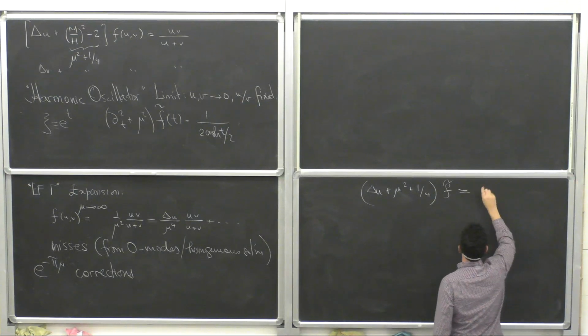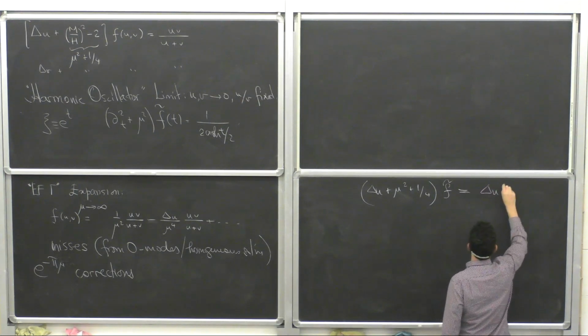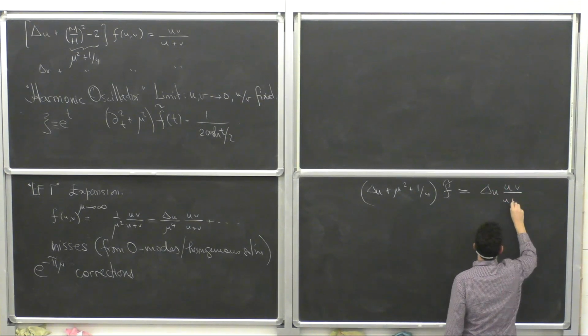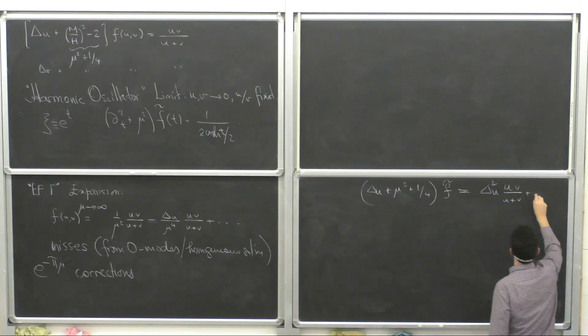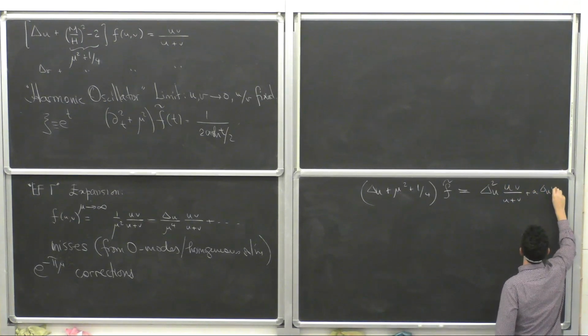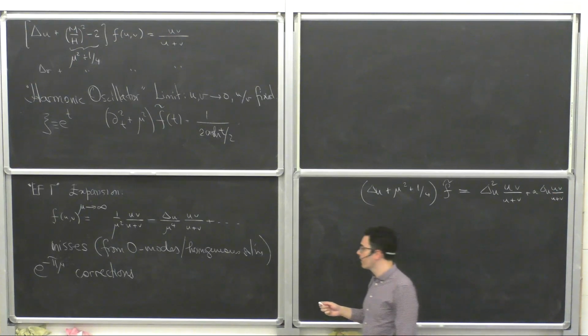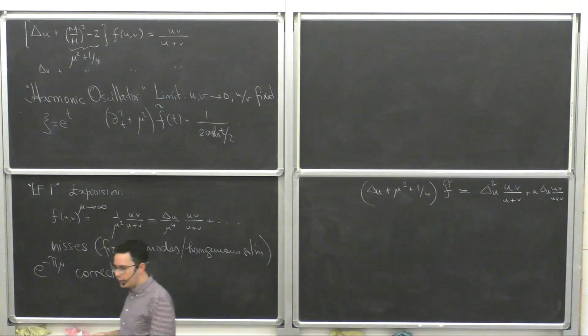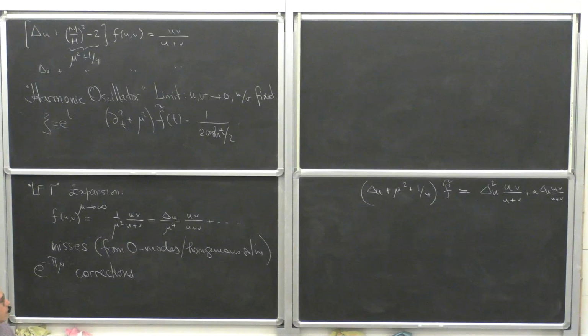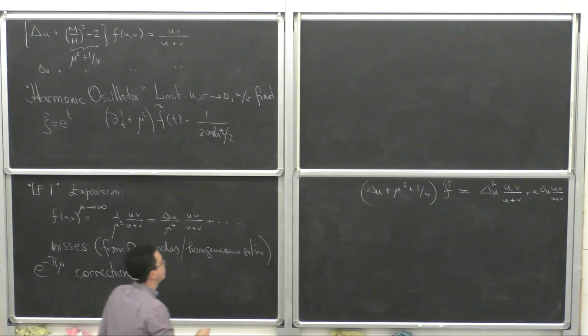Why can't I put, for example, delta u squared plus a delta u? Can I do this? Does it change anything? There's a question.